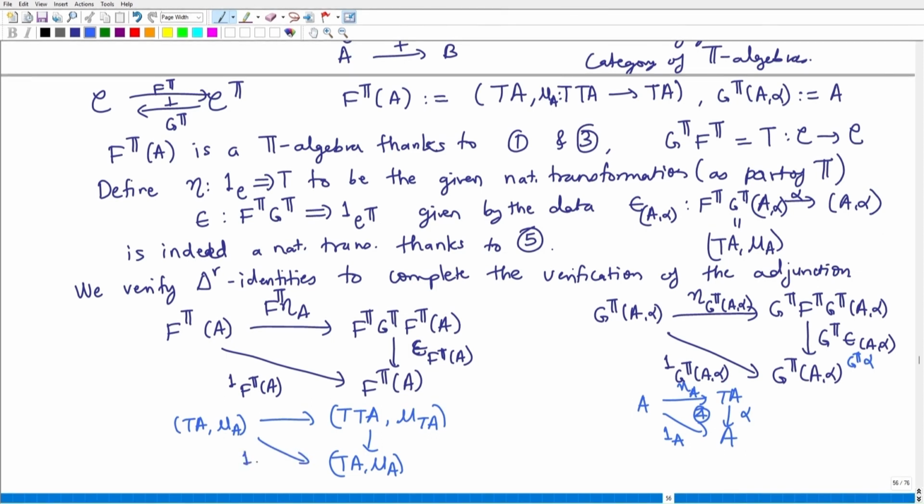And this is 1 sub TA, this is just 1 sub TA comma mu A. Okay, what is the vertical map? Epsilon of TA comma mu A, that is just mu A. And horizontally, F_T of eta sub A. So G_T alpha is just alpha.